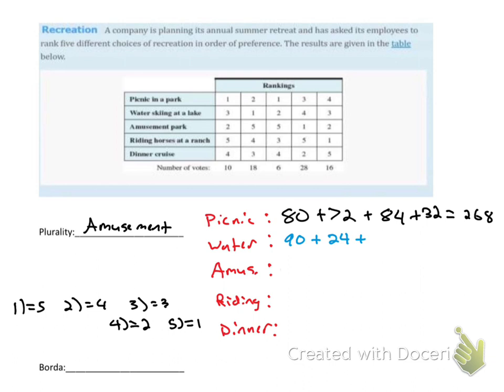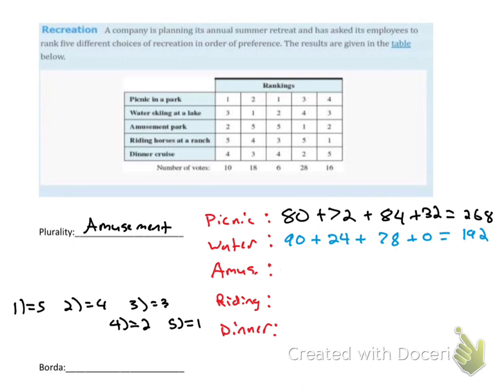Plus third place, they've got 26 times 3, 78. And then no fifth place votes. So 90 plus 24 plus 78 gives us 192.